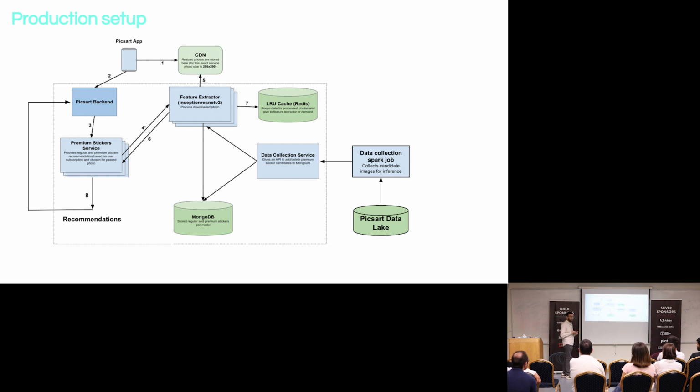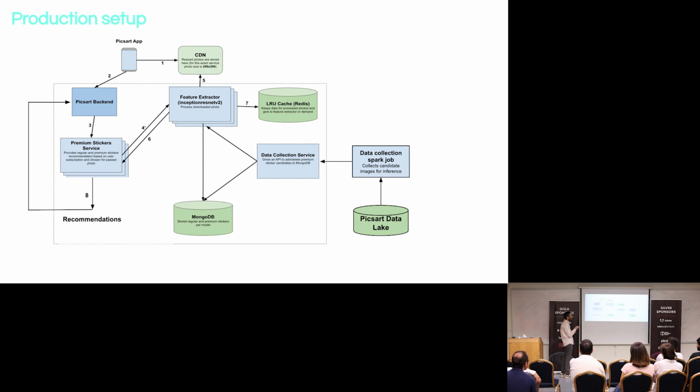And in the live job, when a user clicks on PicsArt and opens the editor, the input photo is immediately uploaded. There's a separate service that uploads the image. And upon the user clicking on the sticker chooser menu, when he or she wants to choose a sticker, a request is sent to the PicsArt backend. The backend sends it to the PicsArt sticker service.